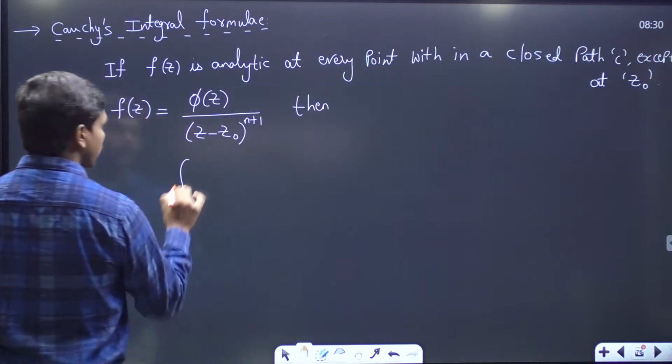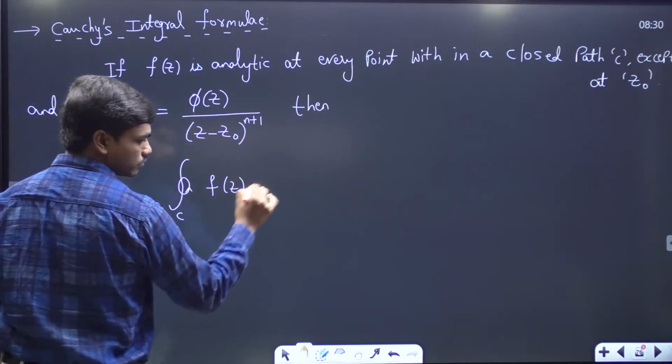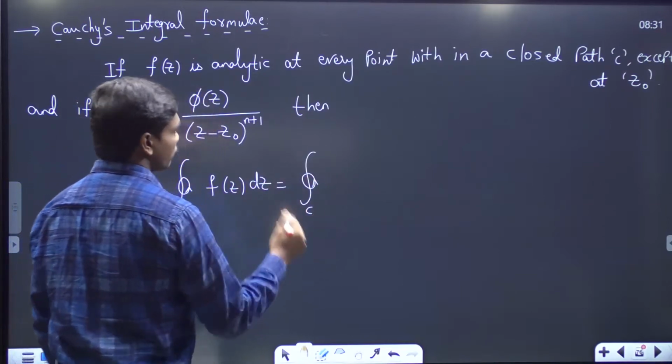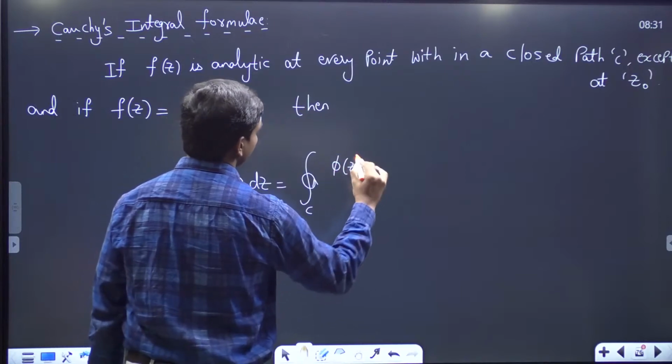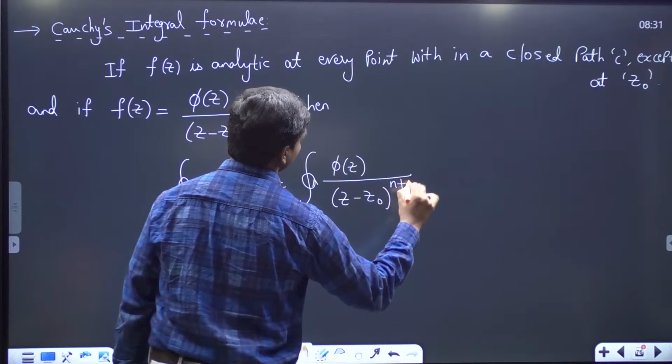then cyclic integral over this path C f of z dz is equal to cyclic integral over the path C, what is f of z dz? Phi of z divided by z minus z naught whole power n plus 1 dz.